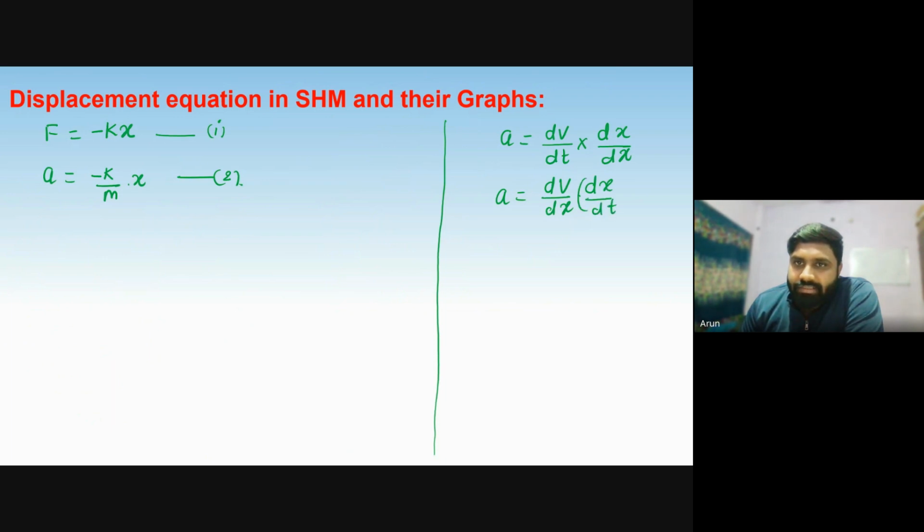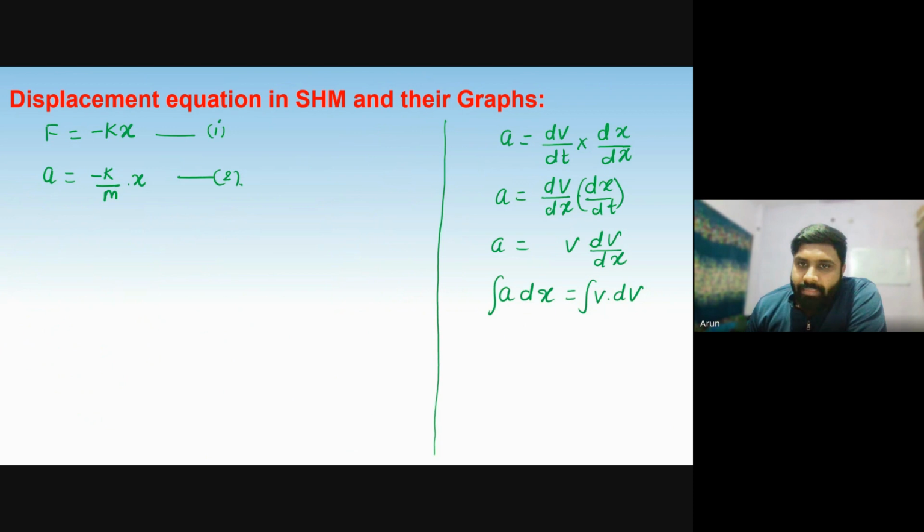I have just interchanged something. So dx by dt is nothing but v again. So a will become v dv by dx. From here you can say a dx is equal to v dv. This is the general equation we have in terms of acceleration, displacement, and velocity.